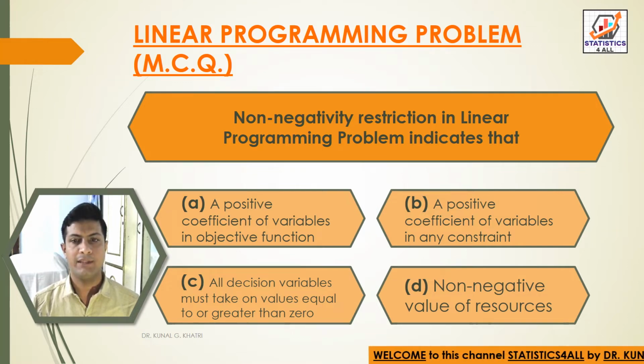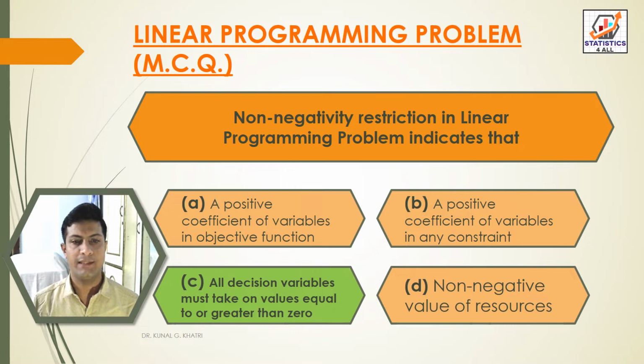So here we have answer option C, all decision variables must take on values equal to or greater than 0. Non-negativity restriction in linear programming problem indicates that all decision variables must take on values equal to or greater than 0.